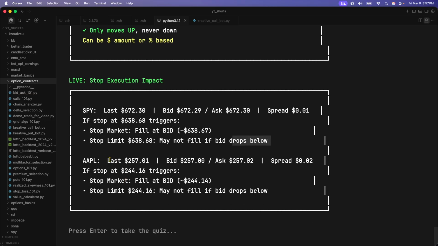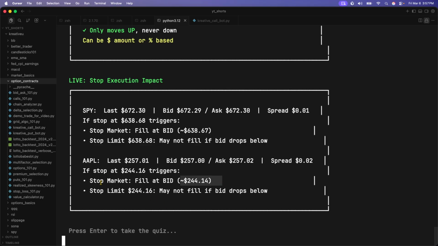Then we have Apple. Apple last price was 657.01. The bid price is 657, the ask price is 657.02, and the spread is 2 cents. If our stop triggers at 244.16, we're going to use a market order, because I want to get out. It guarantees the execution, not really the price, so it's going to fill at the bid, approximately 244.14.